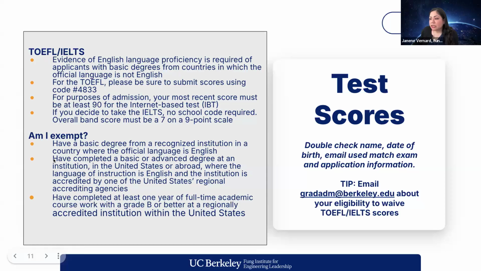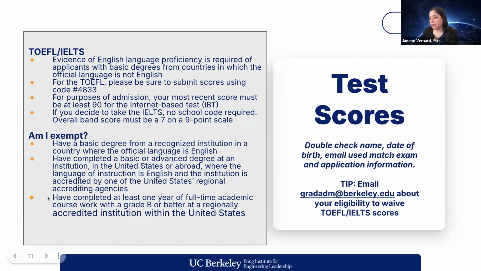And another exemption is if you have completed a basic or advanced degree at an institution in the United States or abroad where the language of instruction is English. So for example, if you did your bachelor's in Japan, but you came here and did a master's in, I don't know, Master of Science or Master of Arts in History or something like that, and you got a 3.0 or above, then you would be exempt as well.